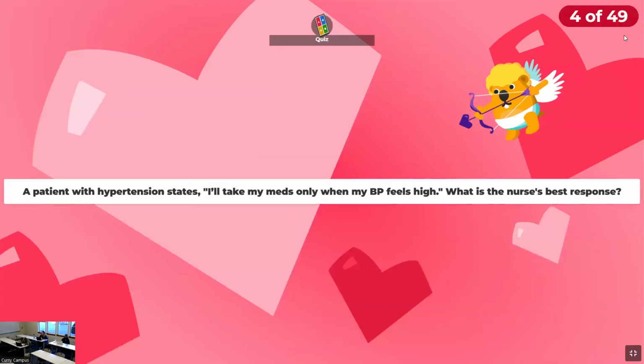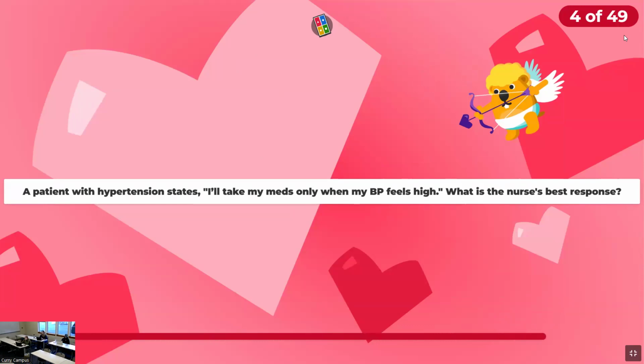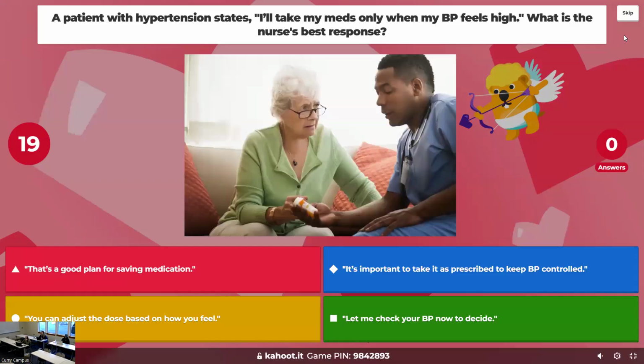Okay. A patient with hypertension states, I take my meds only when my blood pressure feels high. What is the nurse's best response? And that lower one is you can adjust the dose based on how you feel.